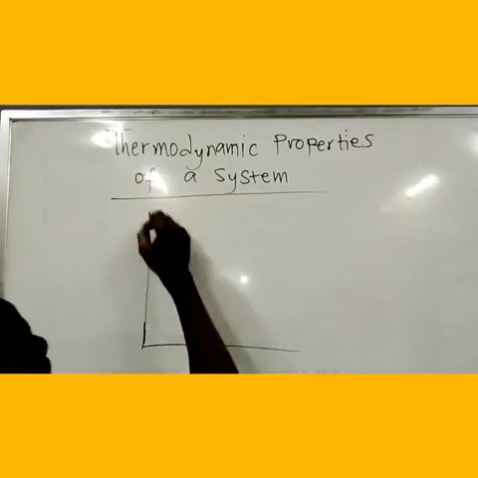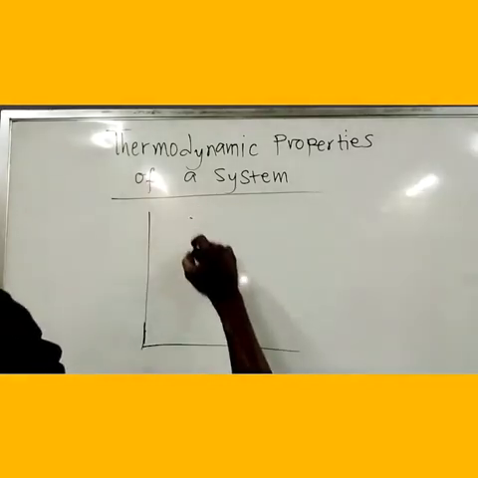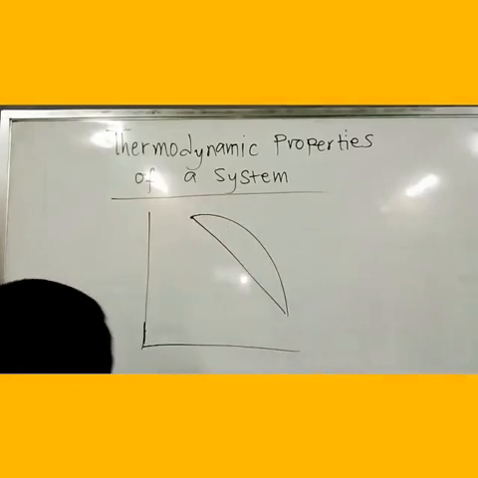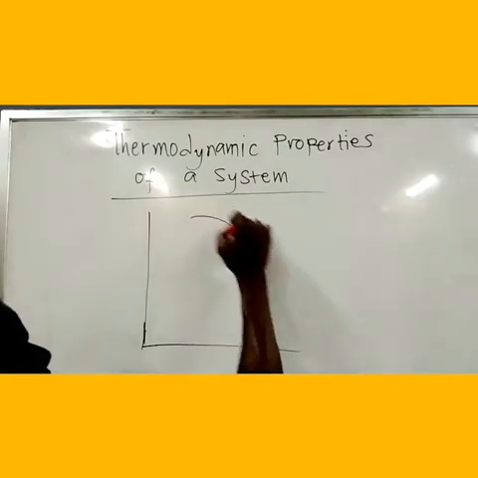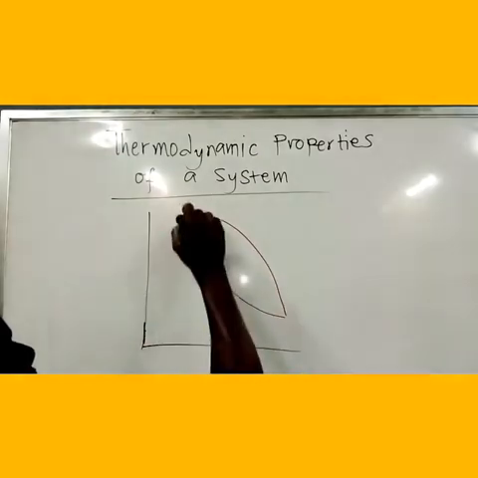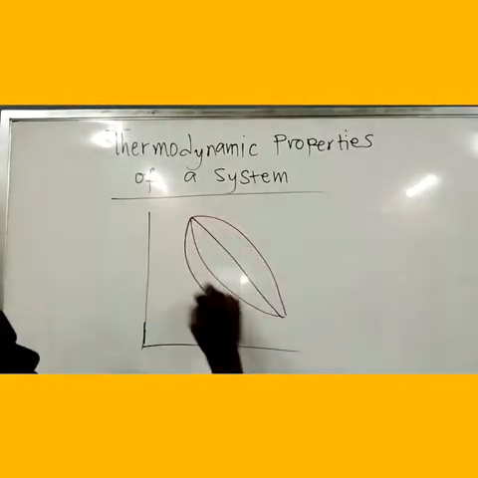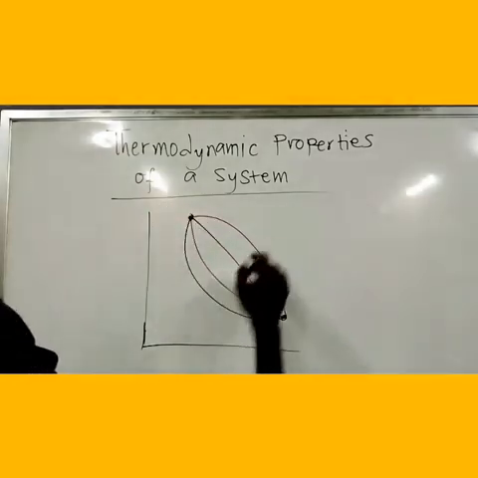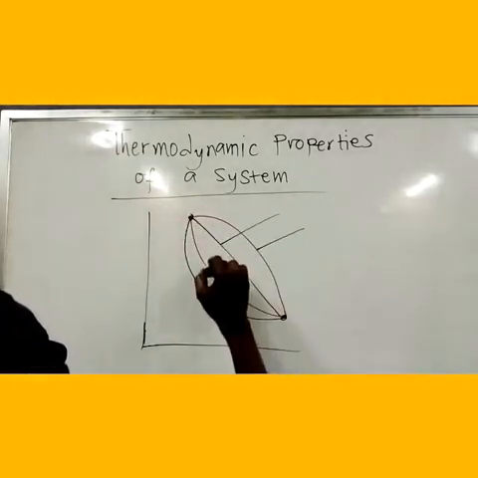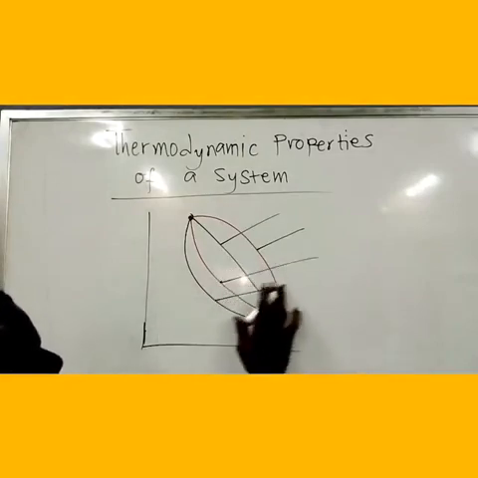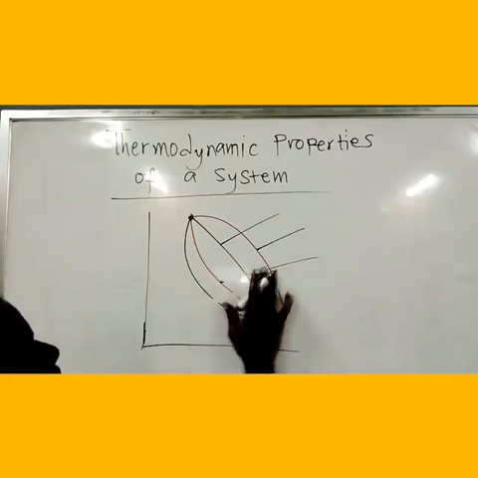If you have a graph of this, you have these four graphs, this, that, and that. We have four graphs here.